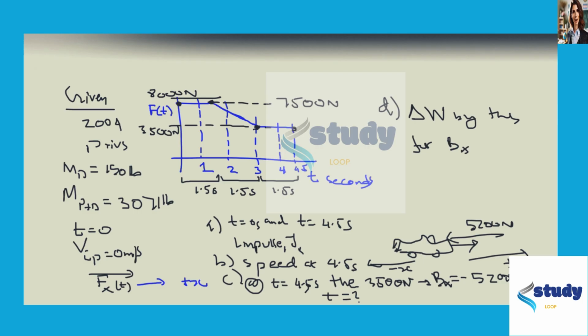Remember, the Prius will do some work which is a change in kinetic energy, but that will be opposed by this force, so it's going to be a negative change in kinetic energy.